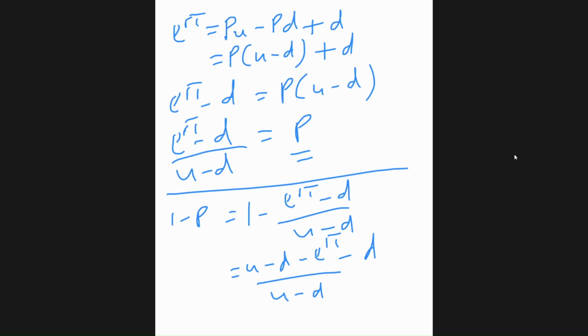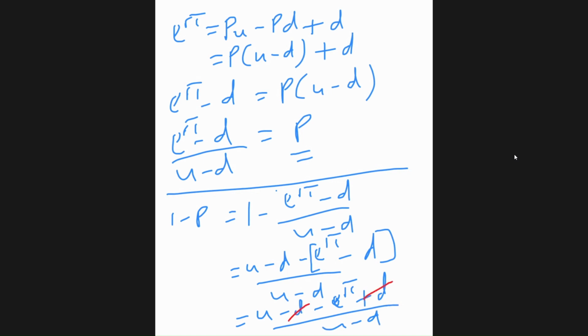It's minus the whole of this. If you open the bracket, U minus D minus exponential RT plus D, then divide by U minus D. The negative D and the D cancel.